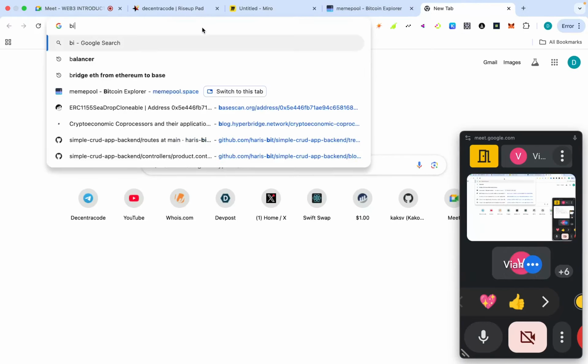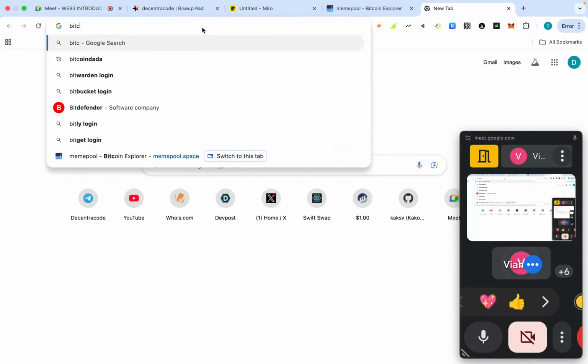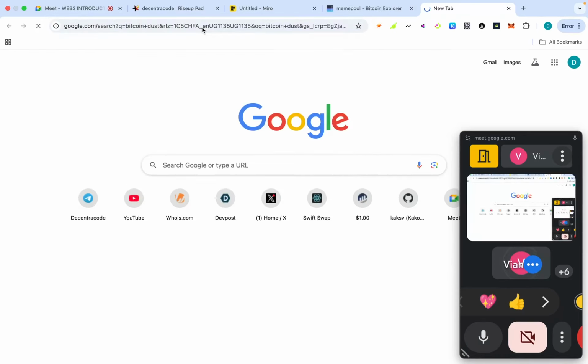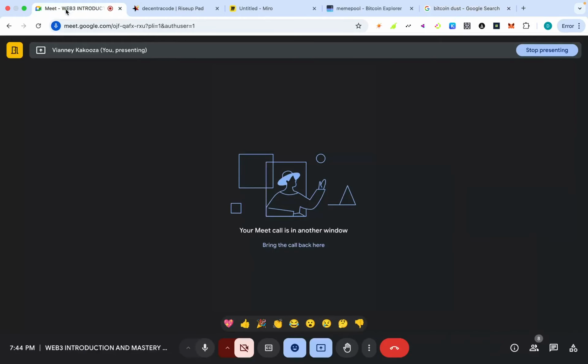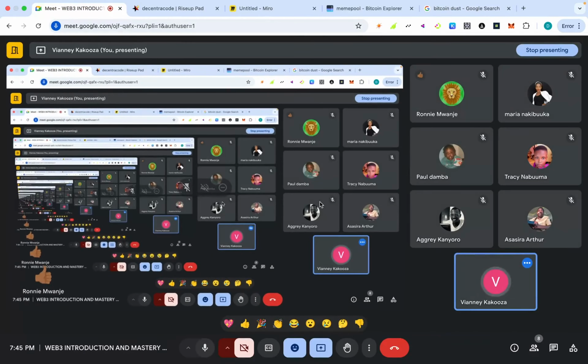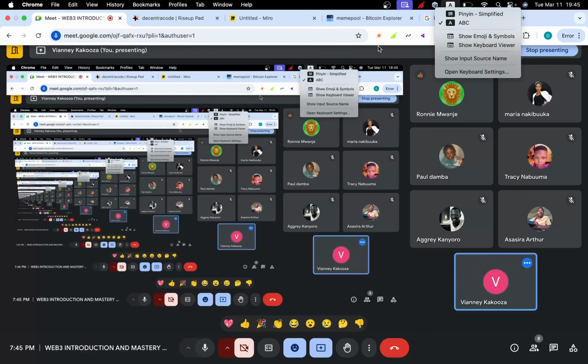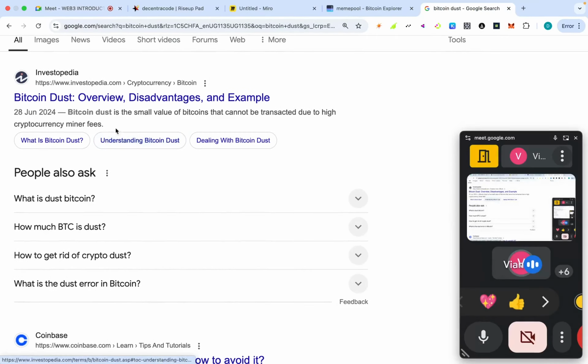Let me show you the definition of Bitcoin dust. Now, can you see my screen? I want you to understand this definition before we go back to that page. So Bitcoin dust is a small value of Bitcoins that cannot be transacted due to high cryptocurrency miner fees. So what happens is, since they can't be transacted, they are combined together, like you'd get 50 shilling notes and put them in a wallet.